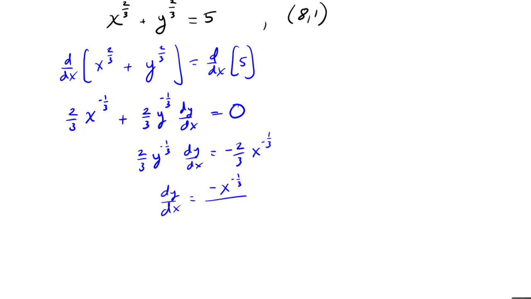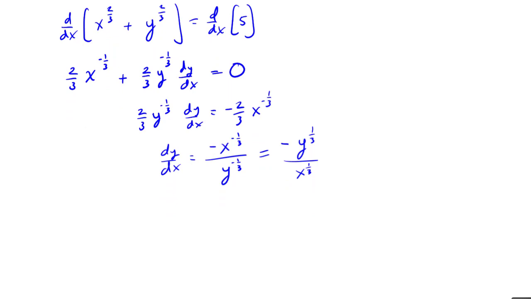Now the 2/3 are going to cancel, and I'll just get minus x to the minus 1/3 over y to the minus 1/3, which there really is no reason to leave like that because I have two negative powers. They're basically in the wrong place, so I could just flip them. So minus y to the positive 1/3 over x to the positive 1/3, just to make it easier because I'm going to be plugging in.